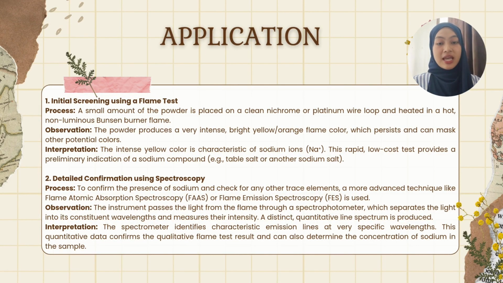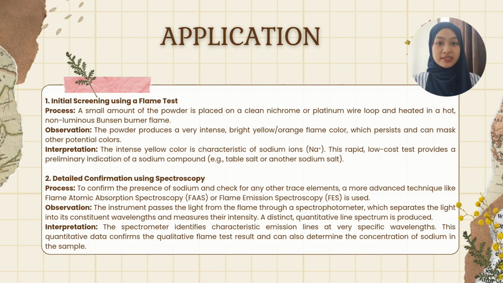The next one, a detailed confirmation, is carried out using spectroscopy. To confirm the presence of sodium and to detect any other trace element, advanced techniques such as flame atomic absorption spectroscopy or flame emission spectroscopy are used.